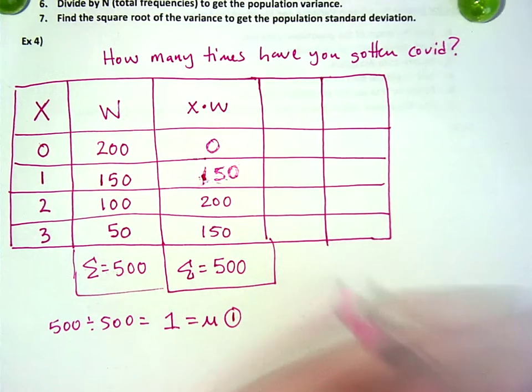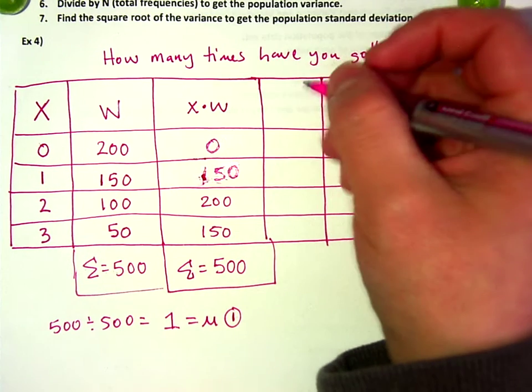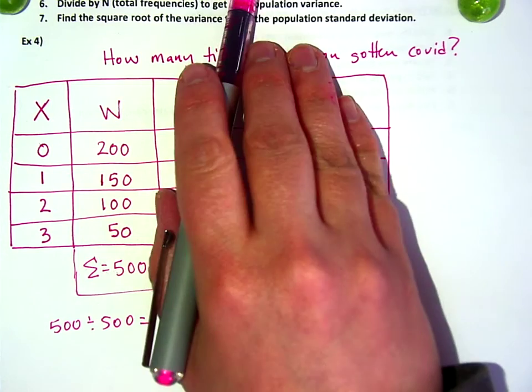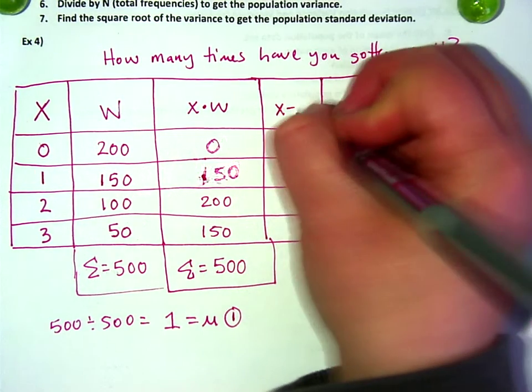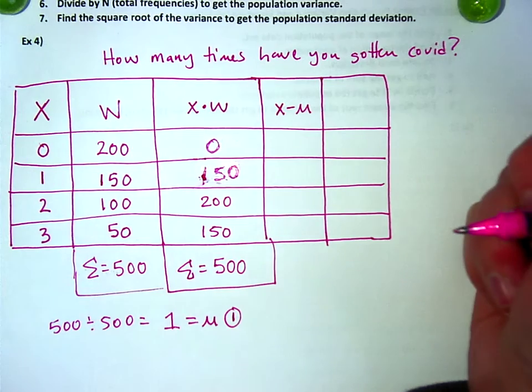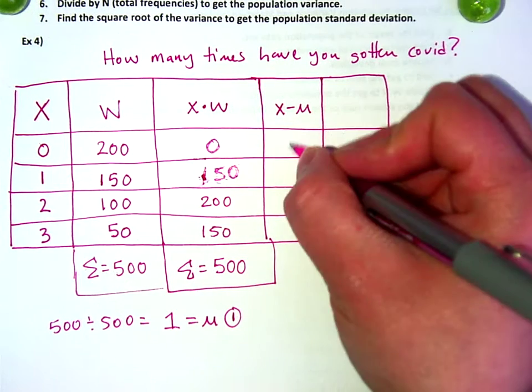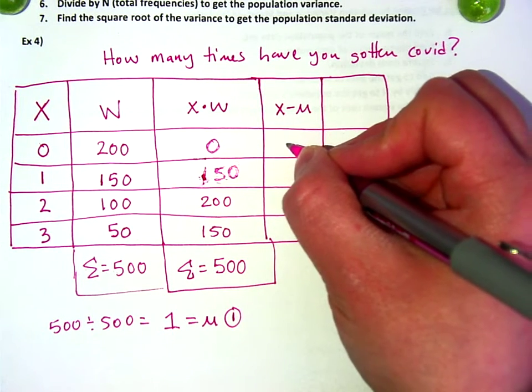Find the deviation of each entry from the midpoint, or if there's only one number, just that number. So this is x minus mu right here. All right, so how far is 0 from 1? 1.